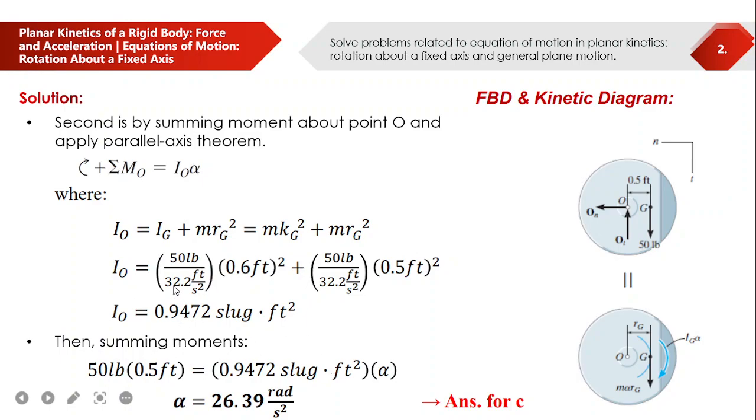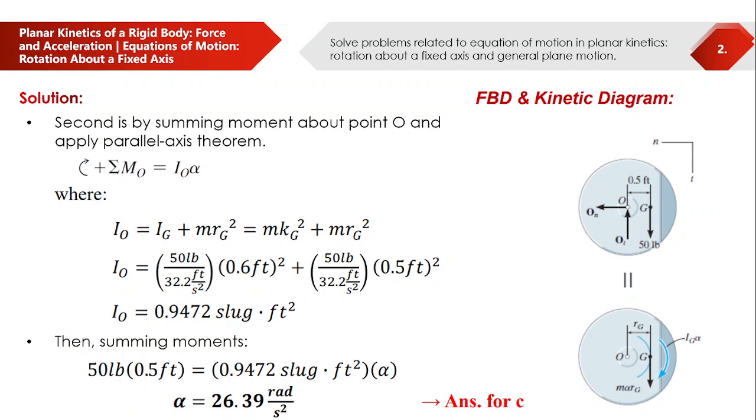When we use summing moments about point O and apply the parallel axis theorem, we just solve for I sub O, then consider the sum of all the moments at point O, which is only 50 pounds times 0.5 feet. Divide by I sub O, and you have your angular acceleration, alpha. It's easier. So that's how you solve this problem.